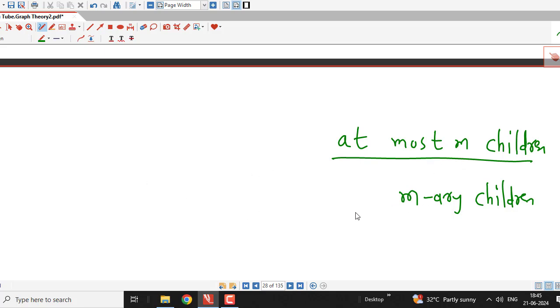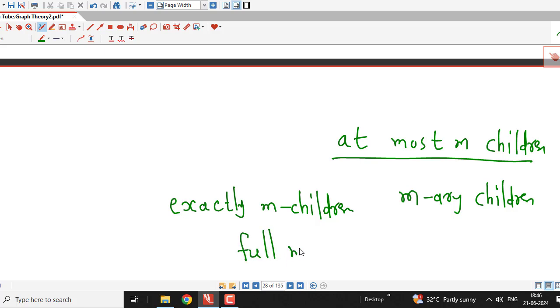And if every internal vertex has exactly m children, then we call that rooted tree a full m-ary tree.